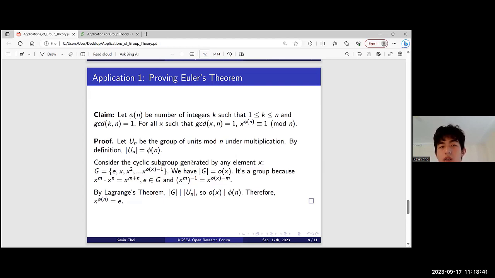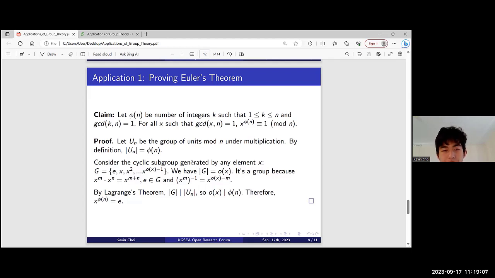And so for all x such that GCD(x, n) is 1, x to the power phi(n) is 1 mod n. So we let U_n be the group of units of mod n under multiplication. This is like having all the numbers from 0 all the way to n-1, all the numbers under mod n.